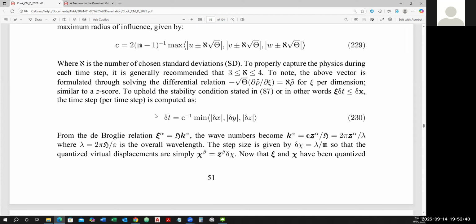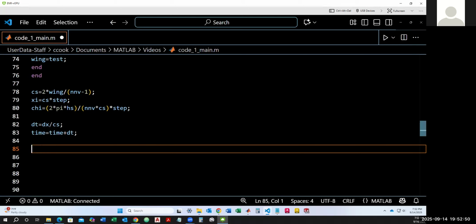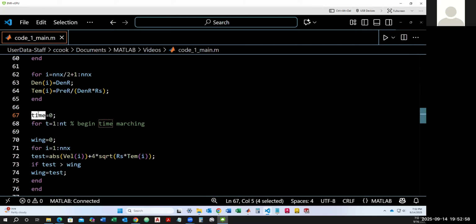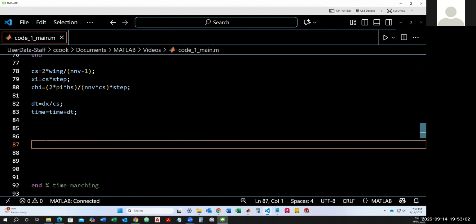So delta t is, in a sense, going to be a function of time itself. And then I would like to compute the time because I would like to know what time the simulation is at. So I will add dt to the time. The time we initialized at the very beginning here before we started time marching.